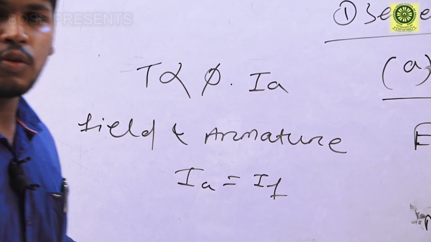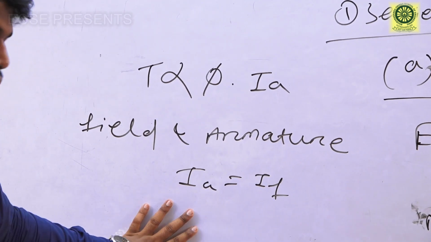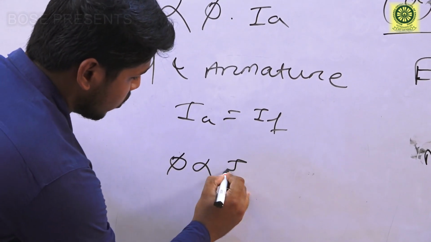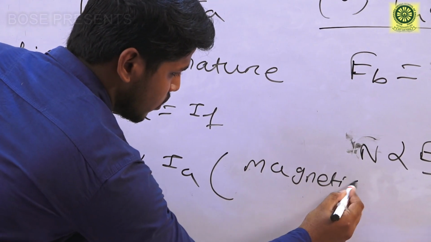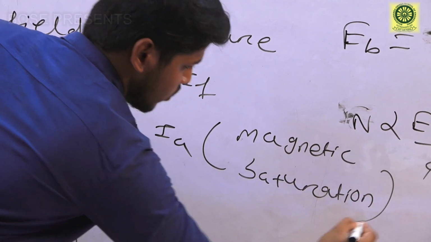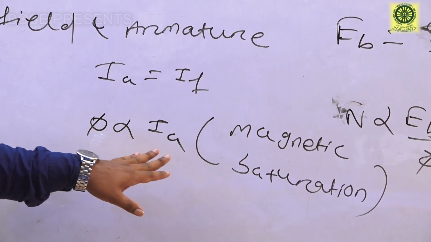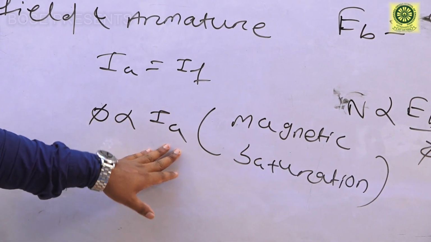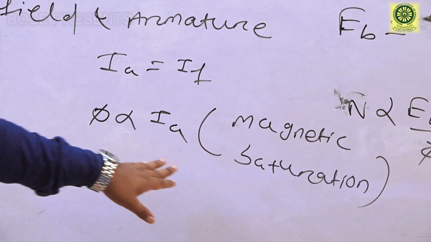So the flux phi is directly proportional to Ia, up to magnetic saturation. Up to that point, by varying phi, Ia will change, and by varying Ia, phi will change. But after the saturation point, phi is independent of Ia.